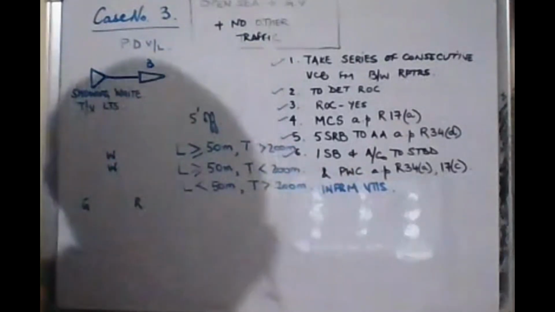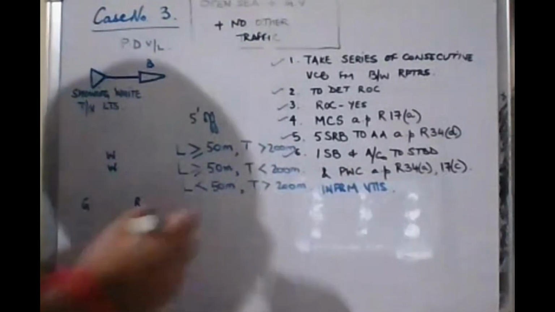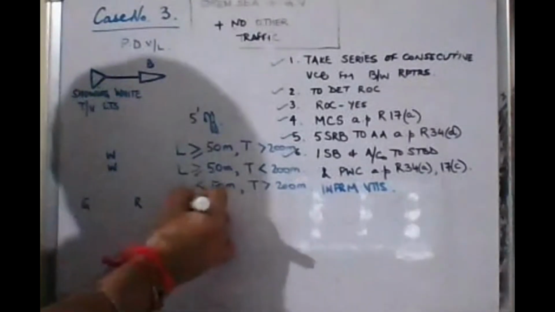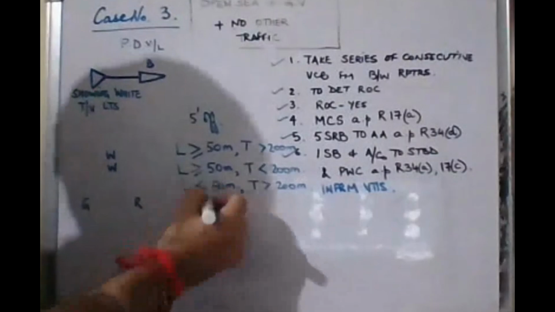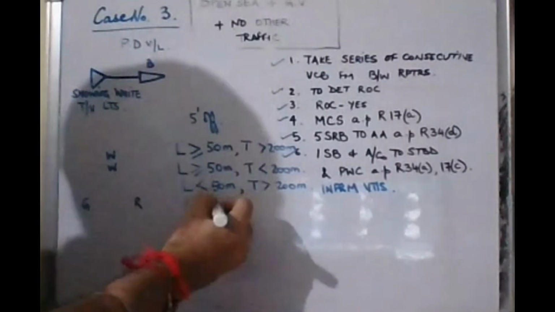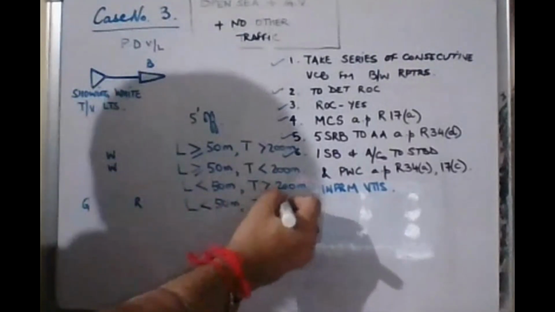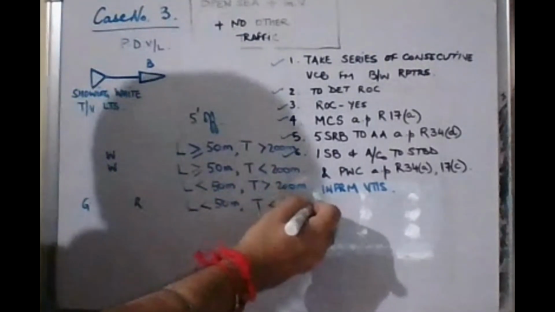Two lights like this. Vessel length less than 50, tow less than 200 meters. Okay. Can this be anything else?